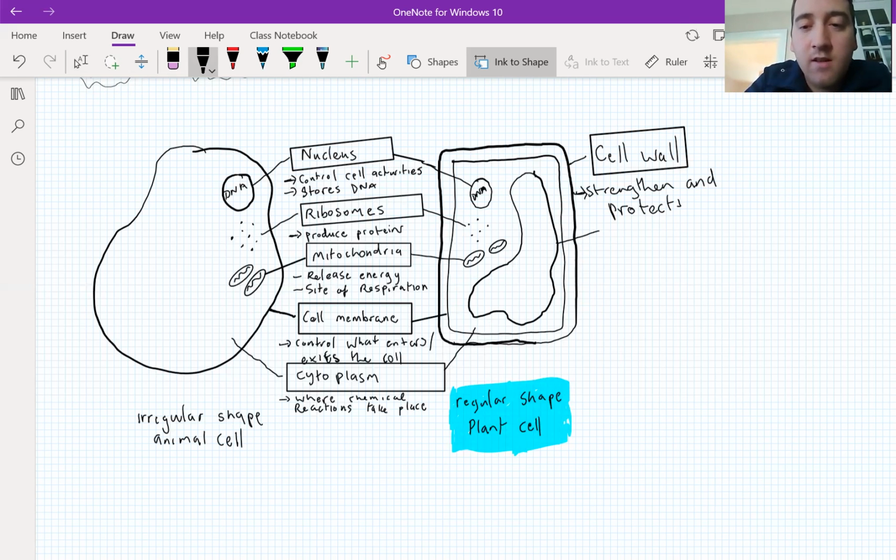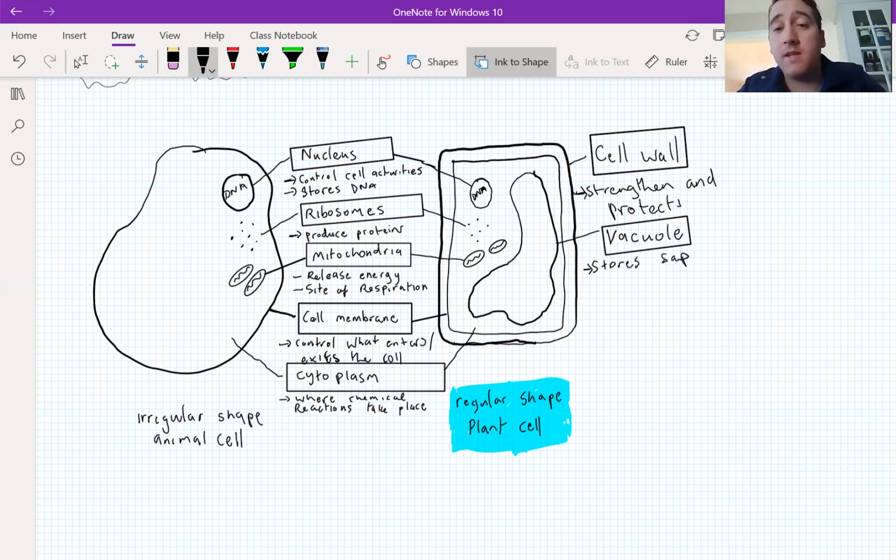We call this the vacuole. It's a sac-like structure, and its function is to store sap. Sap is a mixture of sugar and water, basically. So when the plant makes sugars, it's able to store them as sap in the vacuole. Okay, so it stores sap.